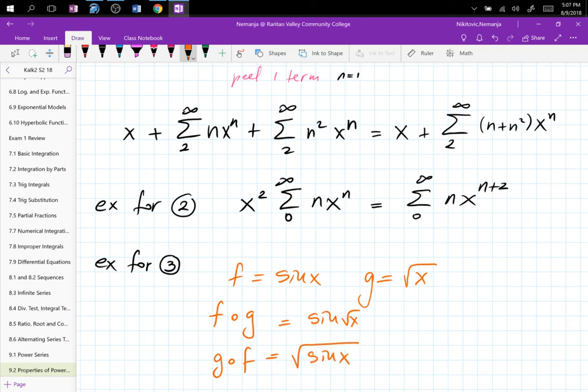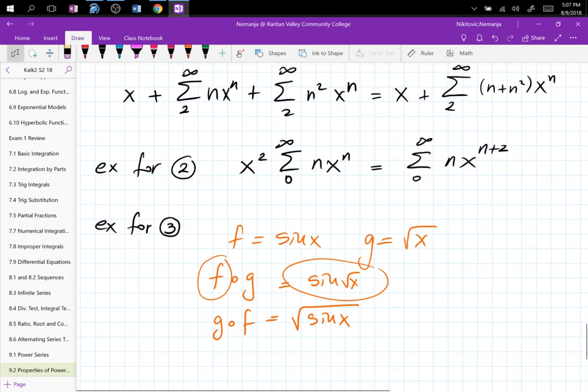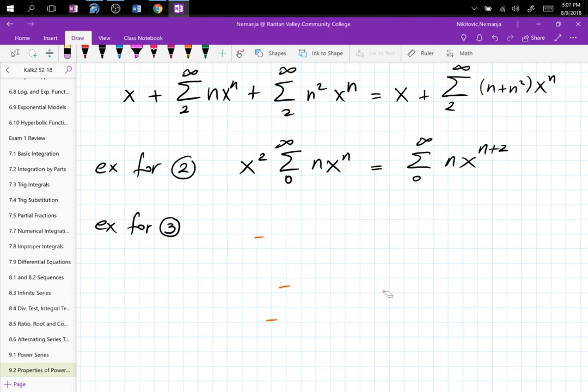So whatever is your main function, its x will be replaced by the function that is imported. So you see the main function is f, so the whole thing looks like sine x. On the bottom part, main function is g, so the whole thing looks like a square root function, right? So this is what we have from pre-calculus 1 when you do function composition, which you guys used obviously for your chain rule in Calc 1, and then eventually inverse chain rule for U sub.